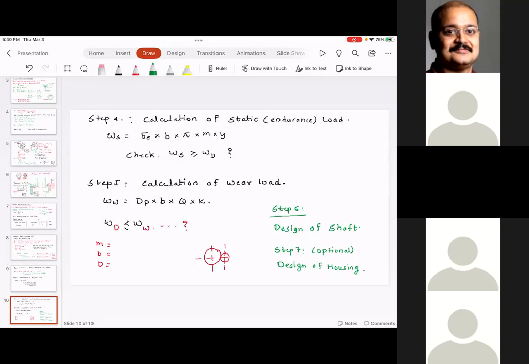Now, I don't have time to solve the gear design problem, so I'm going to solve that problem in the next class. But please try to understand: on Canvas, I have worked out and uploaded 2 or 3 gear design problems, a simple gear design problem and the gear train problem. Please take a look at those, and that should give you a good understanding of how to work out the problem.